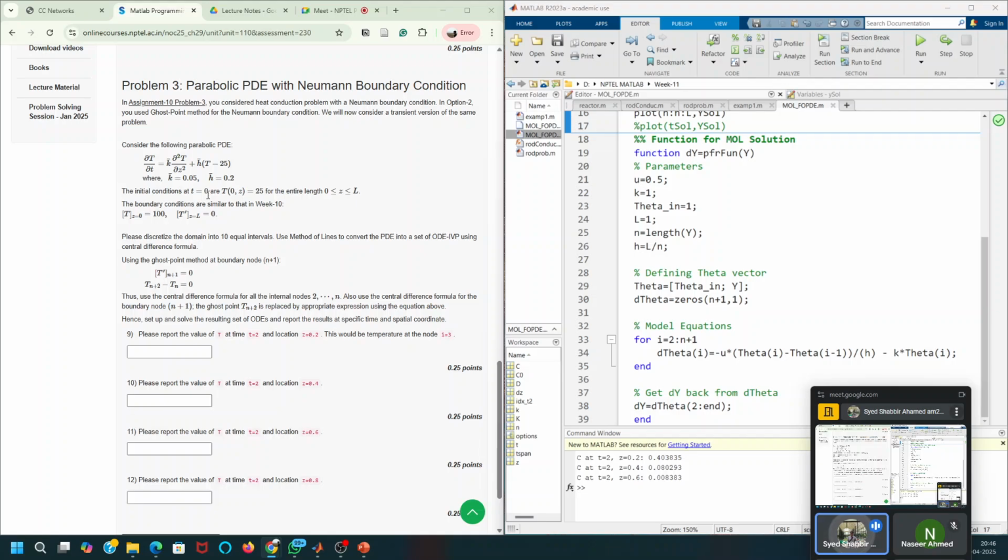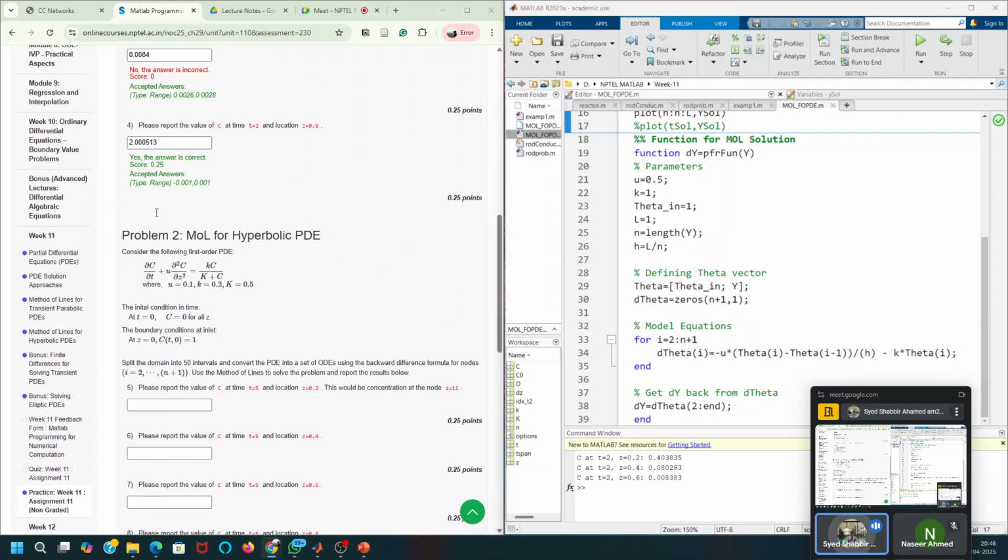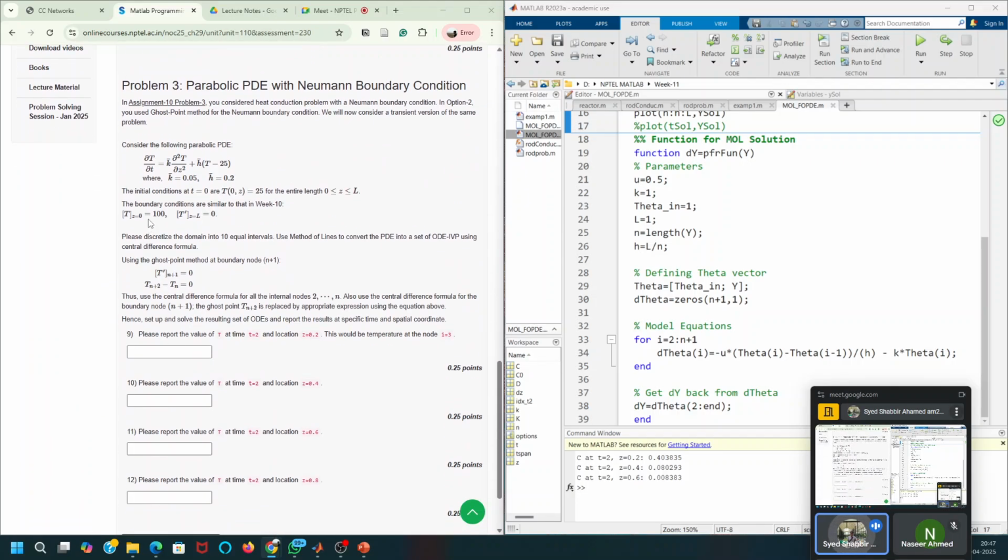instead of the boundary condition, earlier we had temperature at Z equals 0 as 100, and at Z equals L the temperature was given as 25.